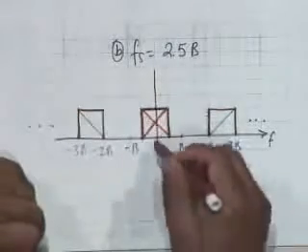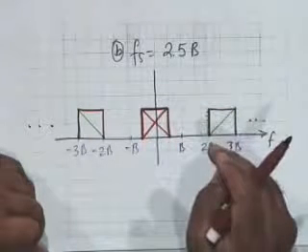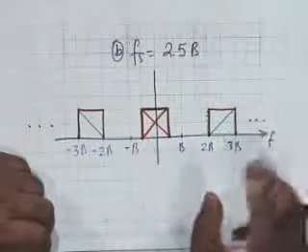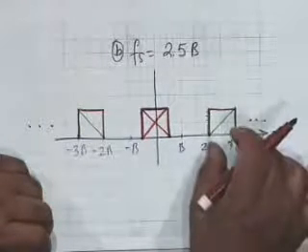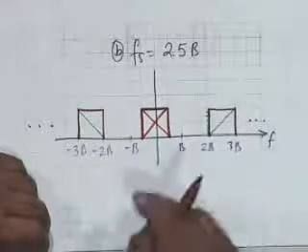For a low pass signal, if you have zero frequency content also, then obviously the sampling frequency must be at least twice the highest frequency content. However, if it is band pass, then you can do with lower value. And in this case, you see 2B suffices.